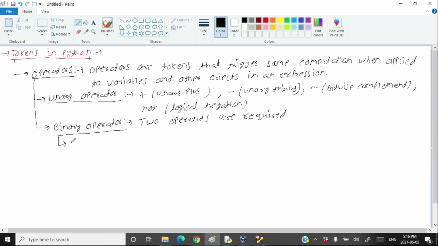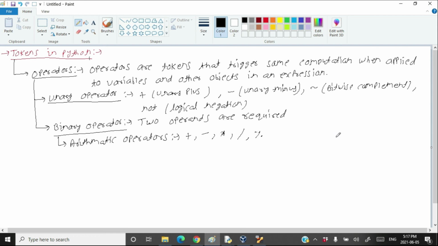Some of the binary operators are arithmetic operators. These are plus and minus, meaning addition and subtraction. Multiplication is represented by a star sign, the asterisk. The asterisk is present on your keyboard on the button 8. Press the button 8 with shift and that will type an asterisk. Asterisk means multiplication. Then forward slash means division.